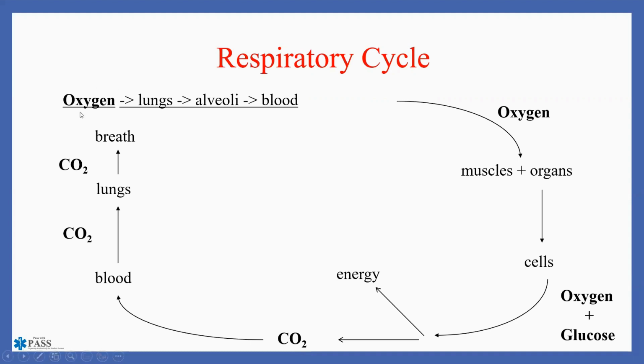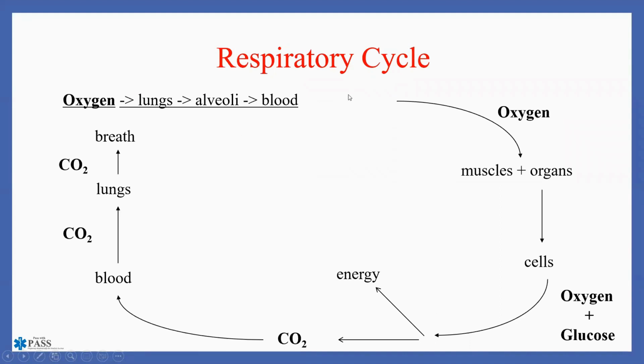So oxygen ends up moving in. It goes down through the trachea, down through the right and left mainstem bronchus, into the lungs, basically. Eventually, hopefully, it makes its way down to the pulmonary capillary membrane, where we have the alveoli. That is where the functional portion is working. And then that oxygen diffuses into the blood directly.